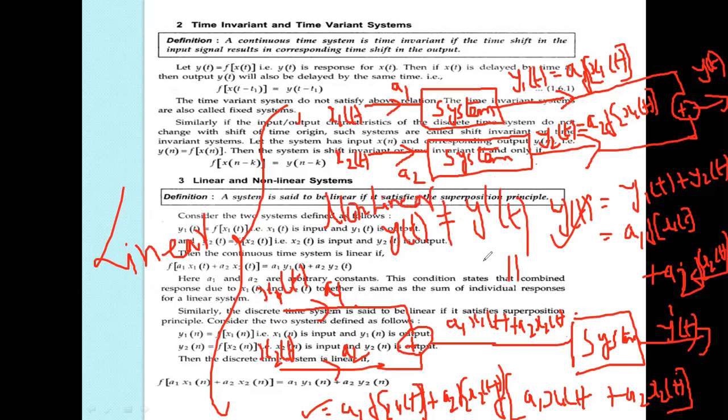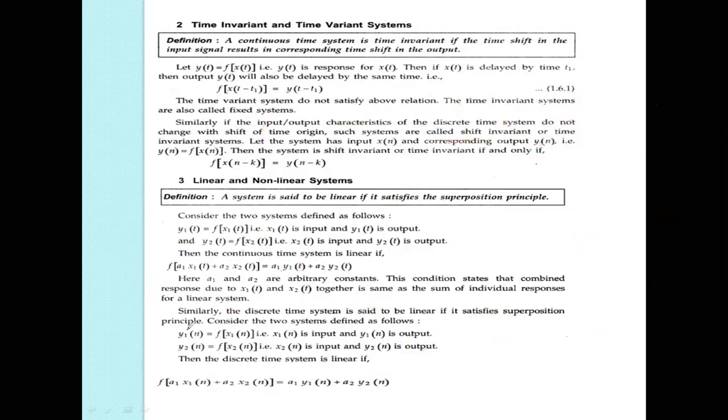Non-linear system. Understood, my dear students? So that is what we are explaining here by using the equations. y1 of t is a function of x1 of t and y2 of t is a function of x2 of t. Adding the two, the function of a1 x1 of t plus a2 x2 of t gives the response a1 y1 of t plus a2 y2 of t.